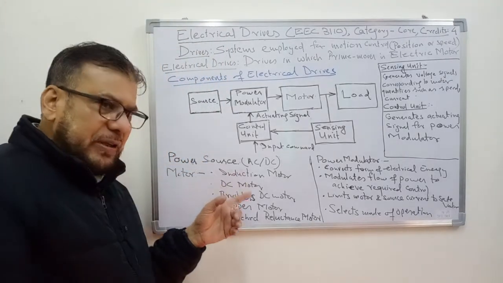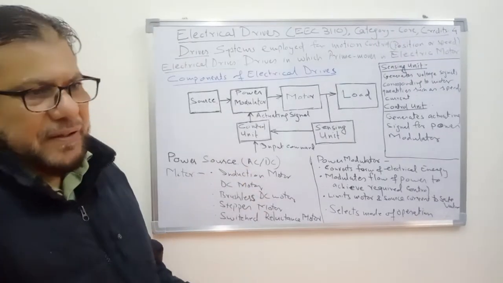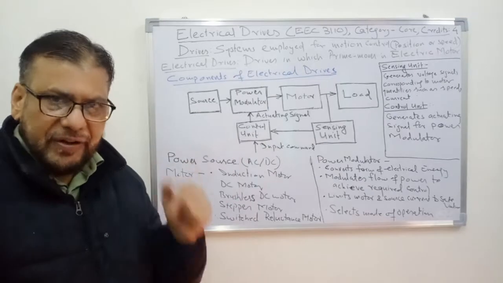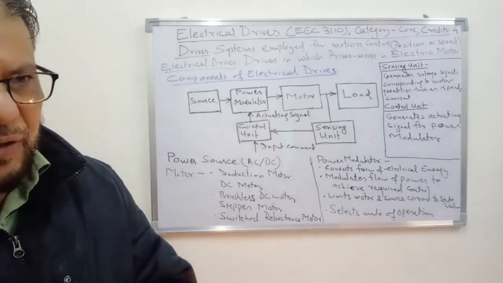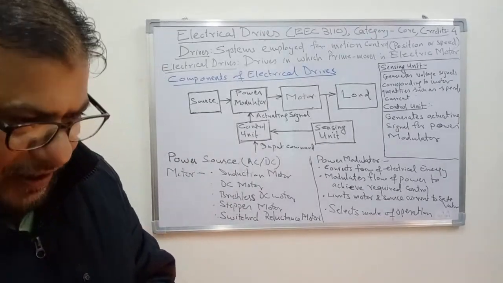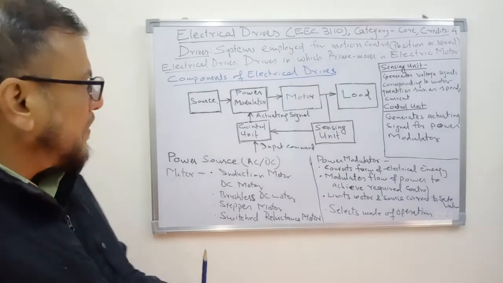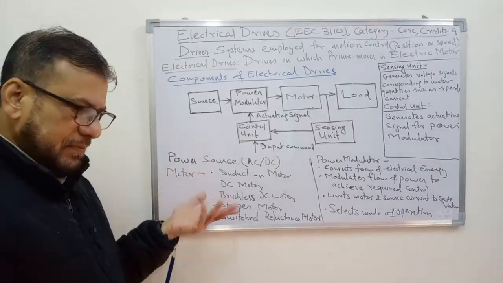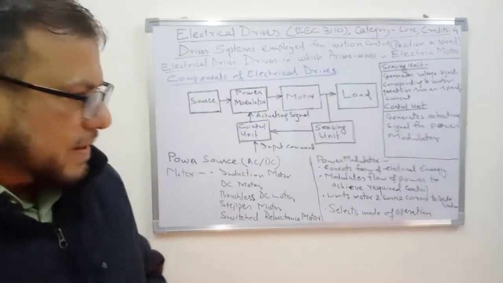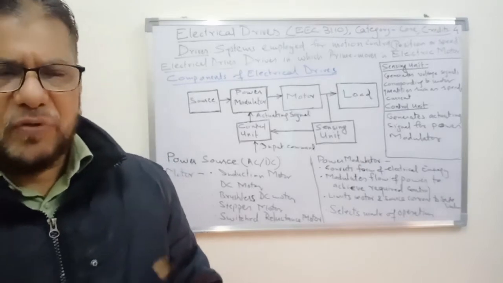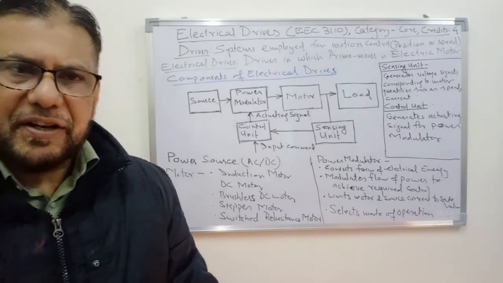Now the supply may also be a DC supply. Sometimes the power comes from some battery. For example, in the vehicles, electric vehicles, some batteries are used. So that will be a DC source. And the voltage may be 12 volt or 24 volt or 48 volts or 110 volts.